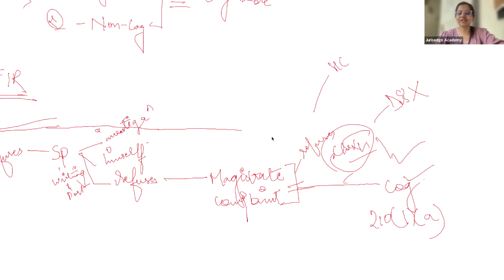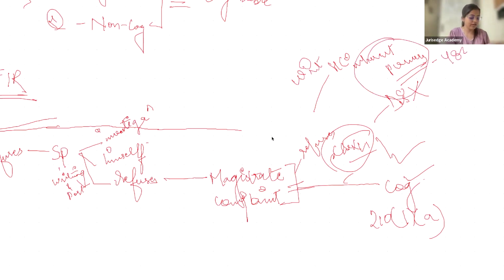If this is also mentioned here, then also it makes no difference because this is the whole procedure. If the magistrate also refuses, then the person can go to the High Court, file a writ, and the High Court has the inherent powers under section 482 it was, and now it is 511, I think. 482 का है 528. 528 of BNSS, which is the inherent powers of High Court.